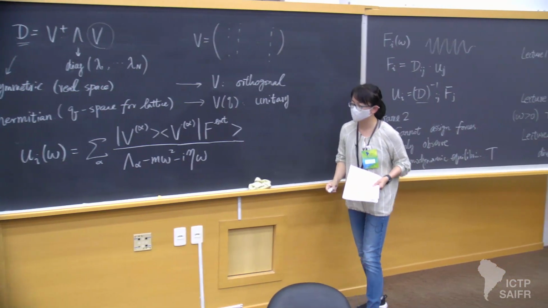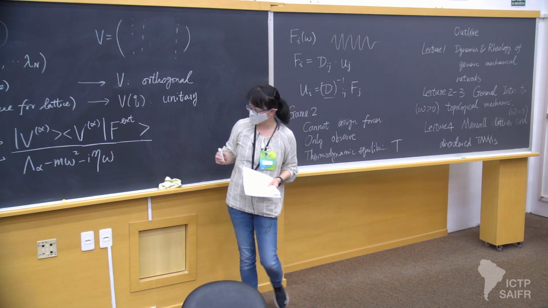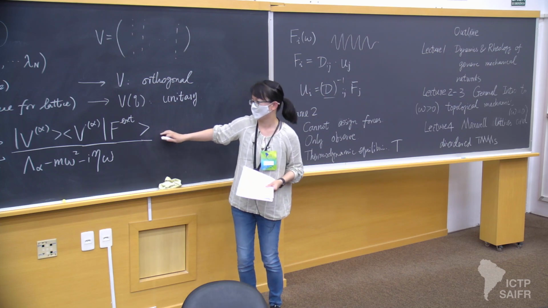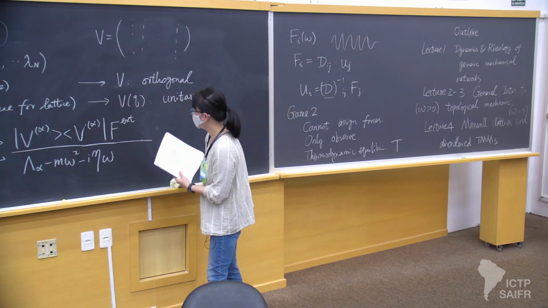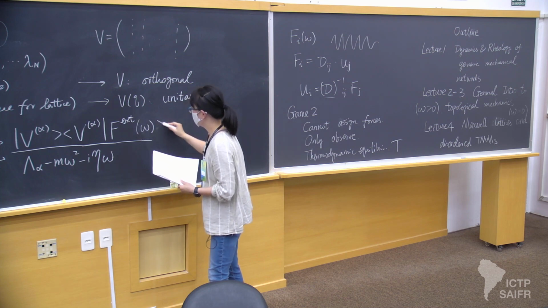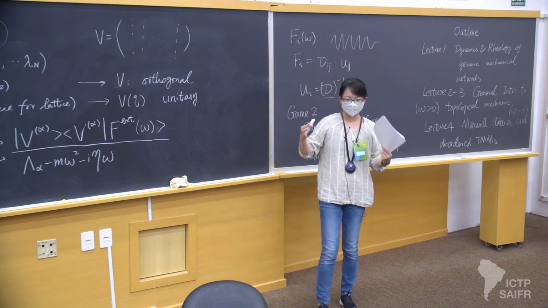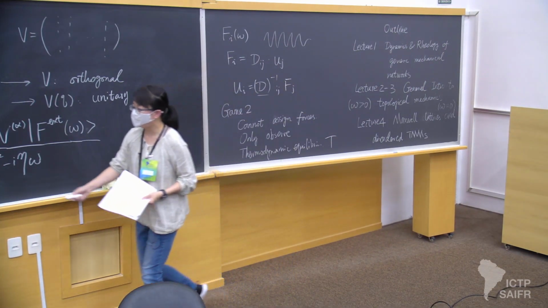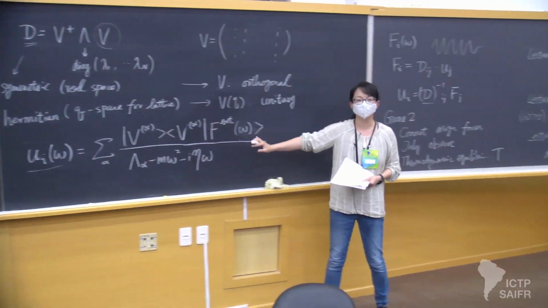Using bra-ket notation, you can write it in a compact way like this. So what do we learn from this answer? What this tells you is that if you have a frequency-dependent perturbation which you can act on multiple sites on the lattice, and I ask what is the frequency-dependent response, I can write it in this form.